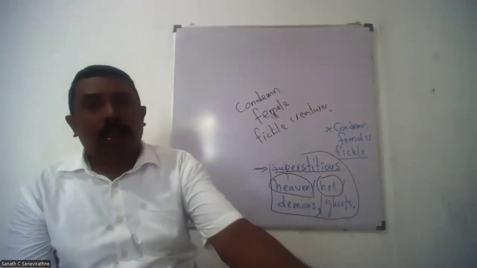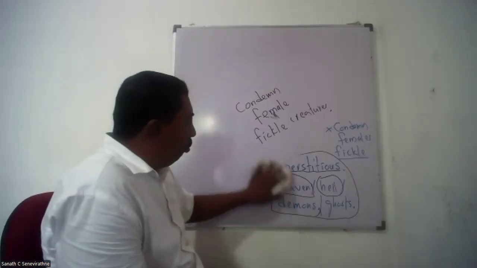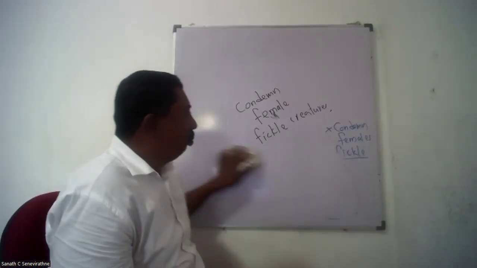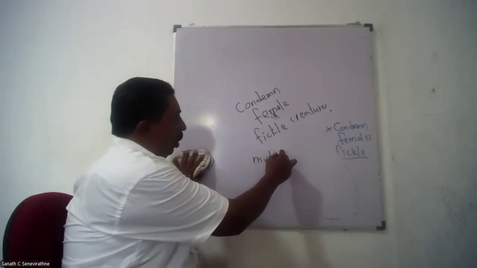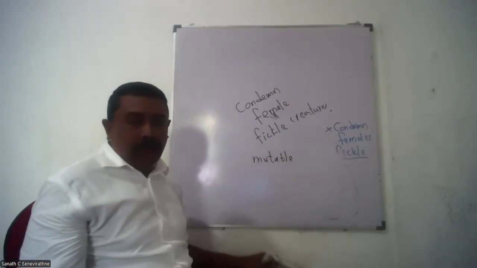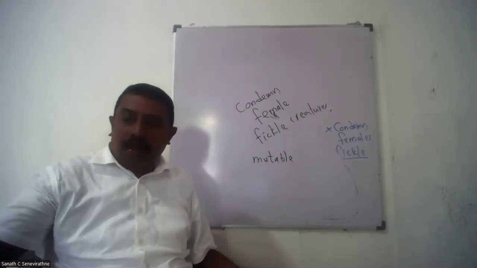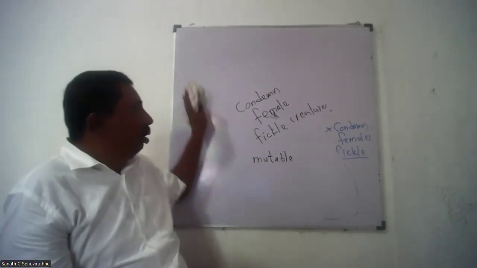Fickle. Another equal English word for fickle is mutable. In Sinhala, chapala, mutable. Fickle creatures. Right? Okay.